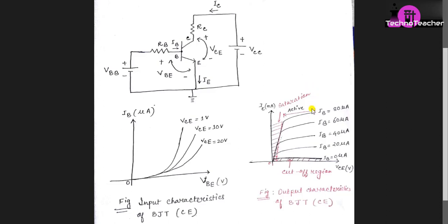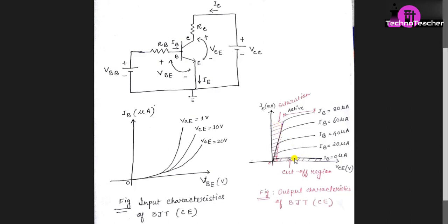Now let's move to saturation region. In the saturation region, the base emitter junction is forward bias and collector base junction is also in forward bias. Whenever this VCE value is close to 0, then this collector base junction will be forward bias and then we'll get this saturation region.